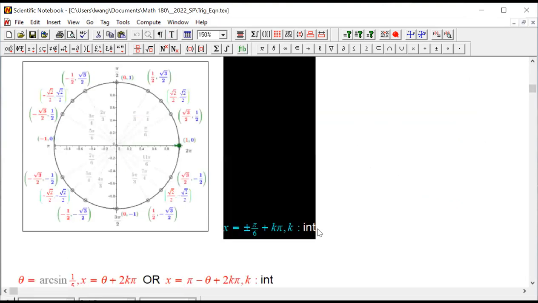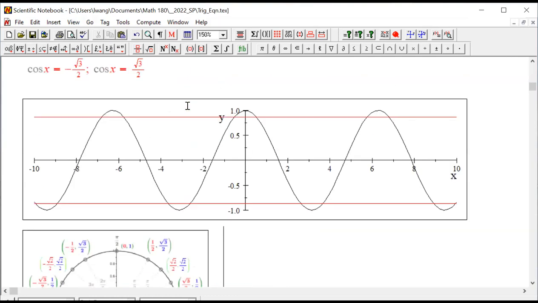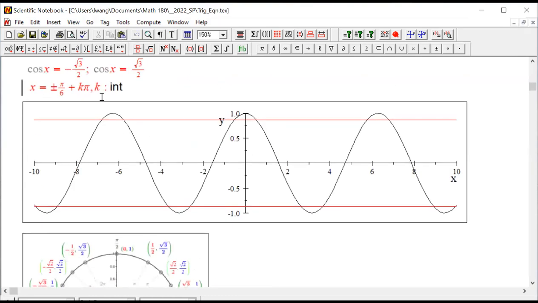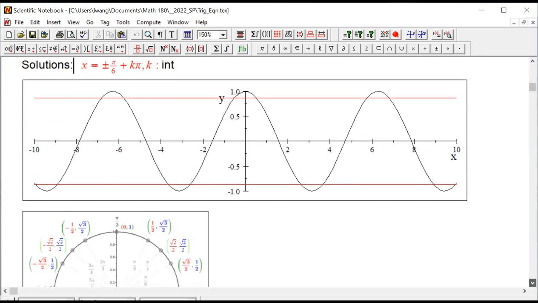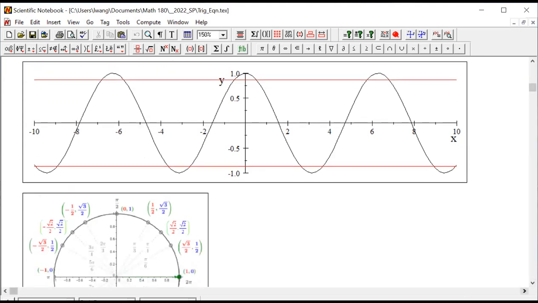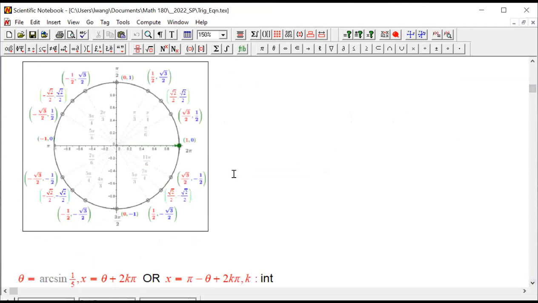Right here. That's the solution. You can see that the function gives us a clue as to how many solutions, and the unit circle really helps us to find and identify those terminals.